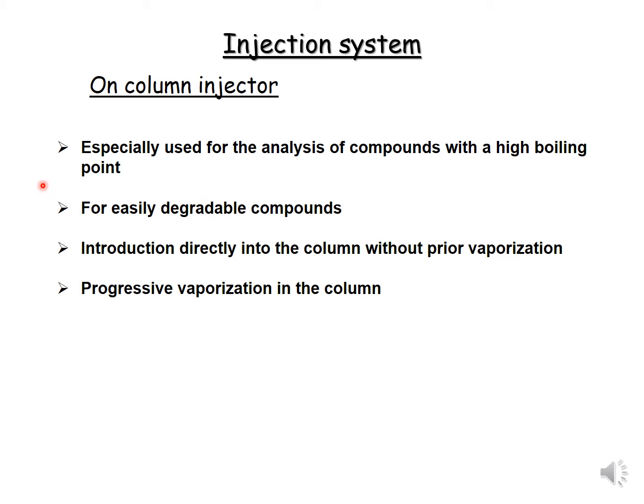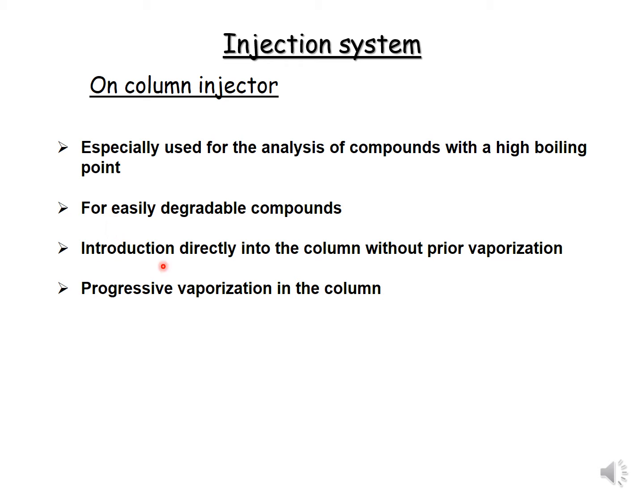So only with this kind of compound can you use the on-column injector. It is used for easily degradable compounds because it helps the volatilization of the compound directly in the column.